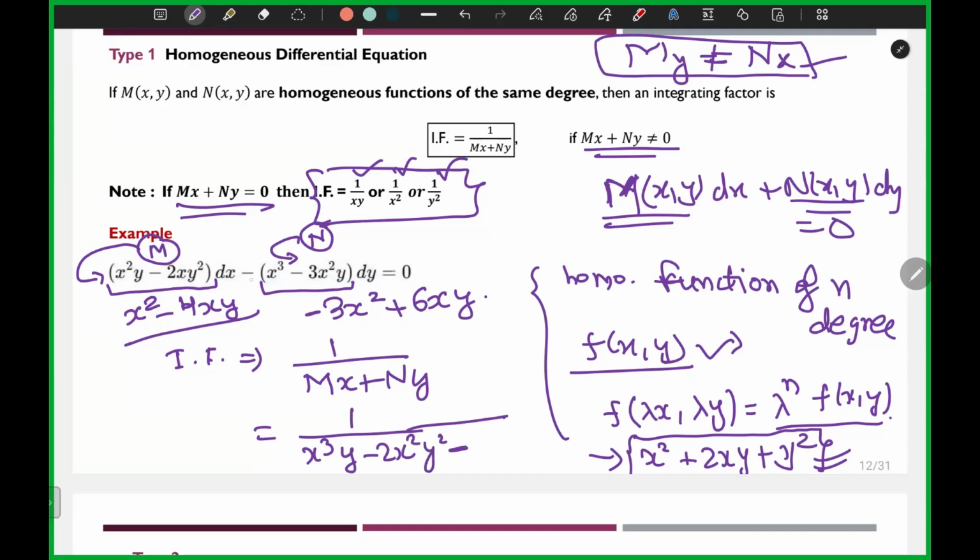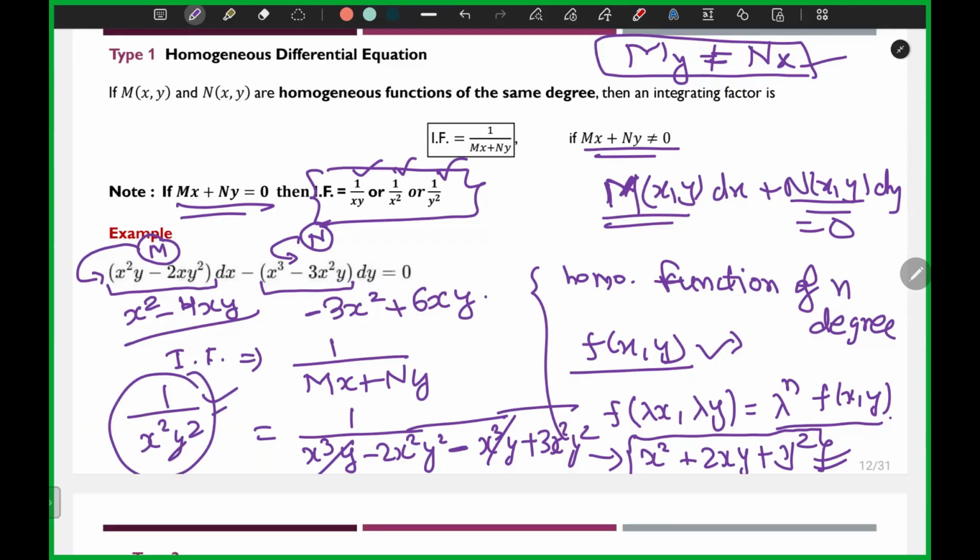Plus Ny, you have to include this sign as well. Minus Ny, that is x cube y plus 3x square y square. So this thing cancels out, and it is 1 upon x square y square. Right. So this is the integrating factor here.